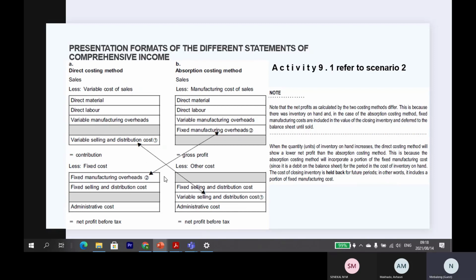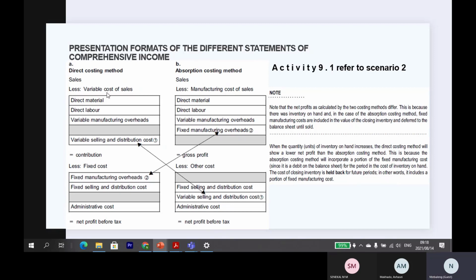So here we're trying to see what's the difference between the two. This variable selling and distribution cost is taken as part of the contribution, whereas under absorption costing, it falls as part of period cost.